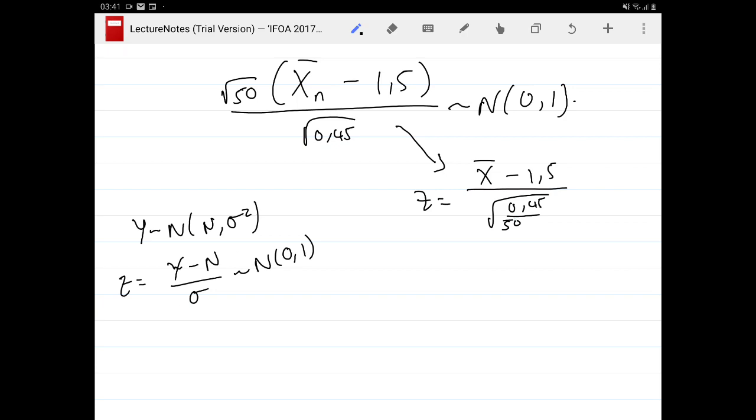So now we can see our standard deviation sigma is the square root of 0.45 over 50, and our mean is 1.5.